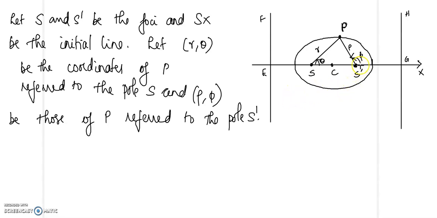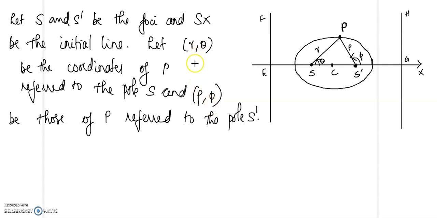Then again S dash X will be the initial line. The angle of inclination between S dash X and this radial line will be phi, and the radial distance to P will be rho. So the coordinate of P with respect to S dash as the pole will be rho phi.